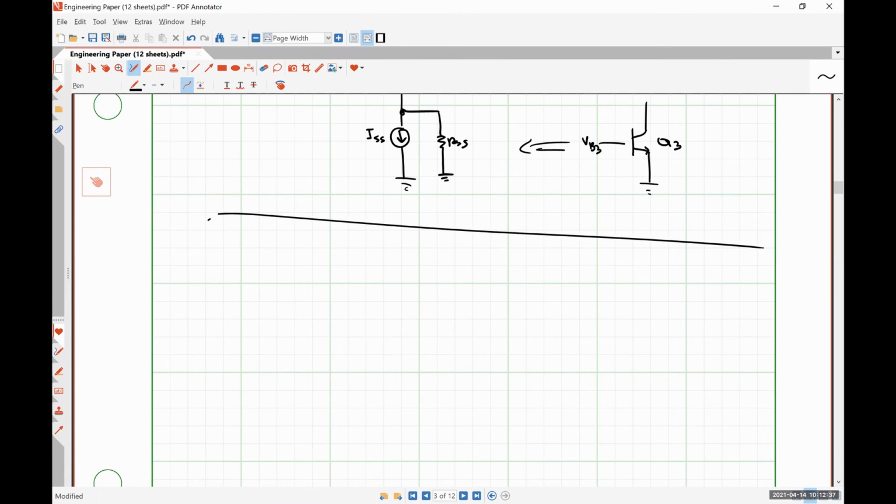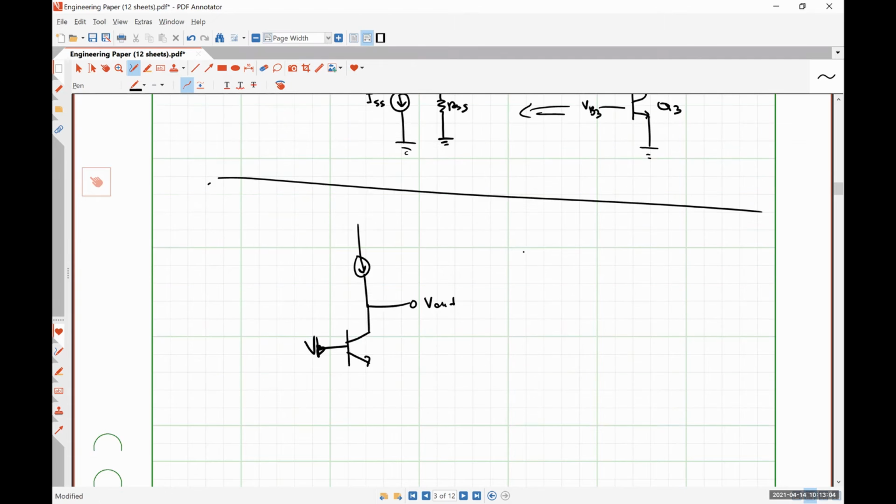Well, in a cascode amplifier, the input should always be on the bottom. Here's V out. Let's call this VB.